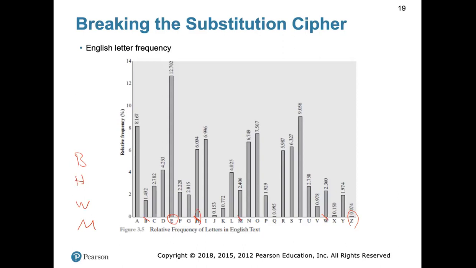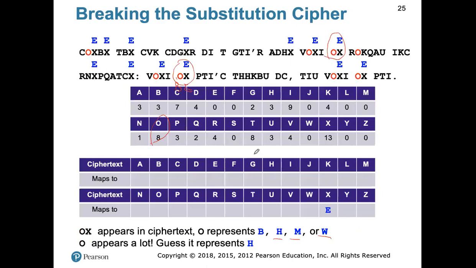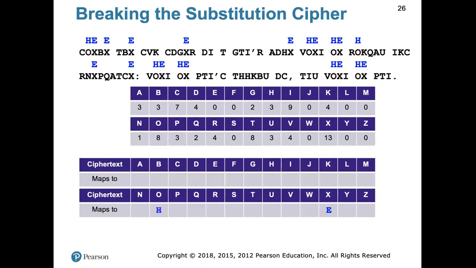Since the letter that we are talking about is also repeated quite a few times, we assume that here this O stands for H. So yes, we guess that O stands for H. Let's consider that and put H instead of O, so our plain text gets updated.